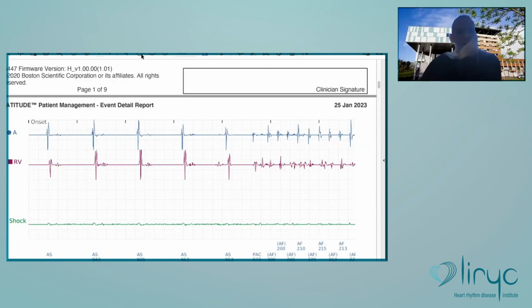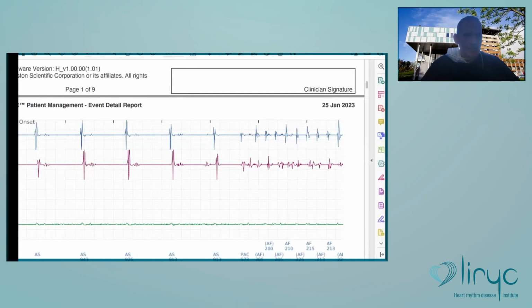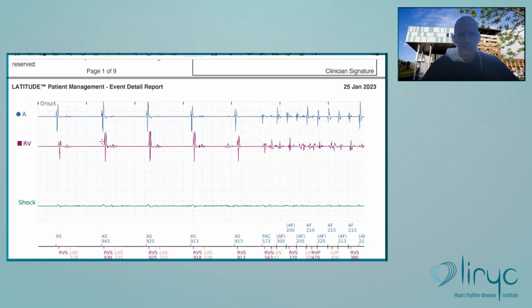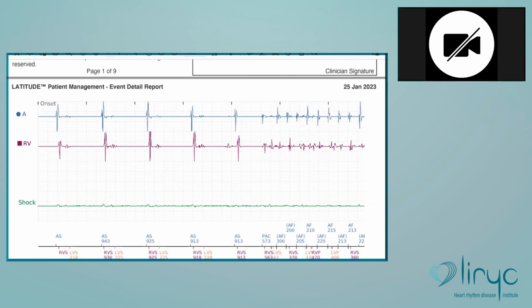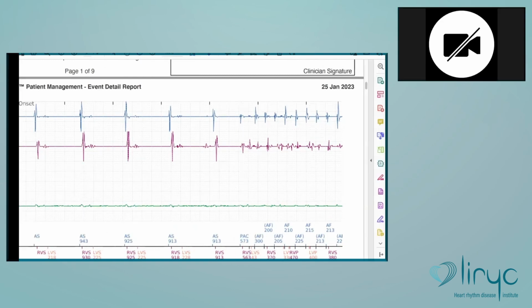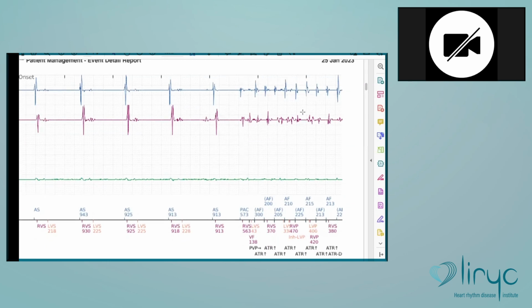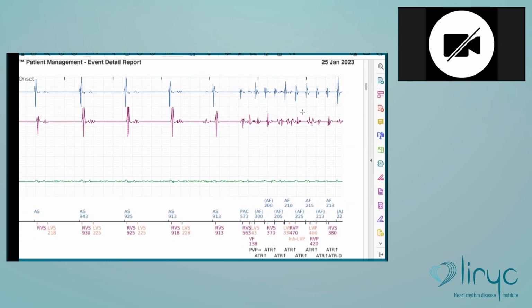What do you think here? So this is a triple chamber ICD. At first A-sense, V-sense, and then we have fast cycles both on the atrial and right ventricular channel.